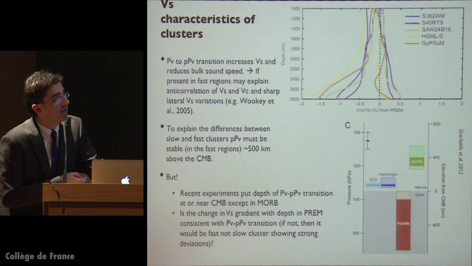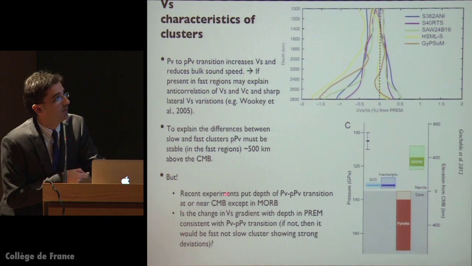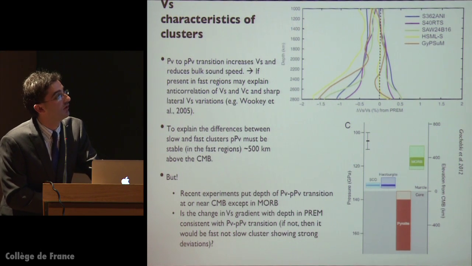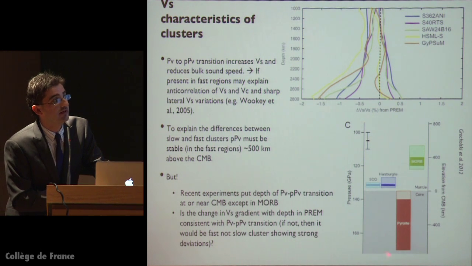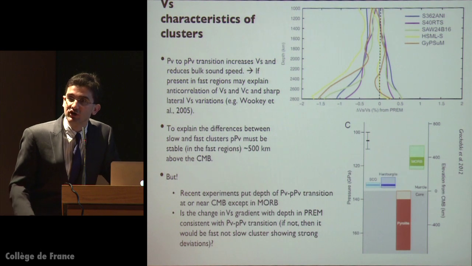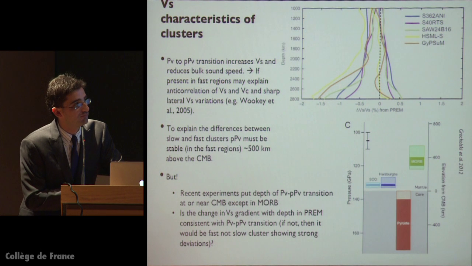And this may or may not be a problem. I'm not a mineral physicist, but recent experiments by Grocholski and collaborators, which include the effects of aluminum on the perovskite to post-perovskite transition, find that in a pyrolytic composition, the transformation does not even occur above the CMB, and in a harzburgitic composition, it's barely above the core mantle boundary.